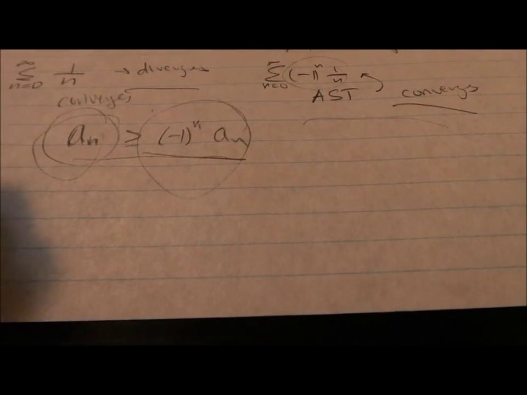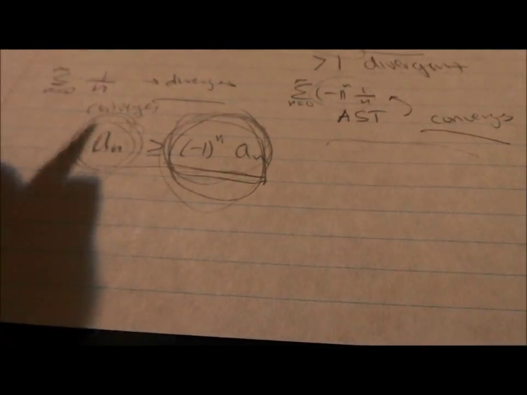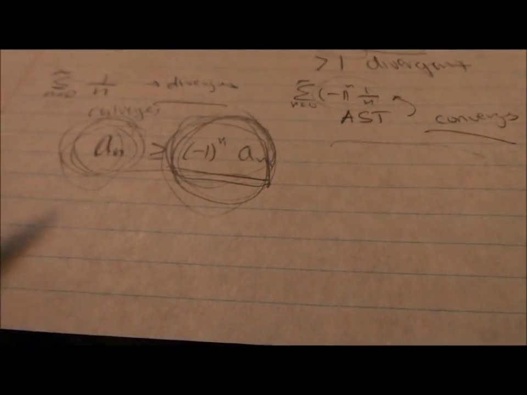So if a function looks as if it's going to diverge, and you can't use the ratio and the roots test because they both fail when the limit equals 1, then try to find this. If this is divergent, then this also is divergent, so it's just divergent.